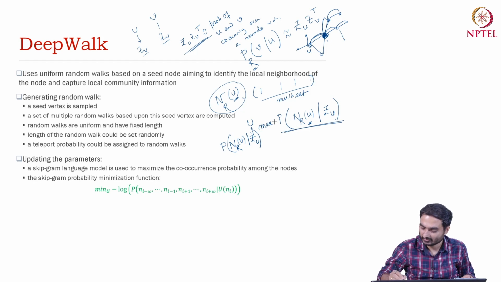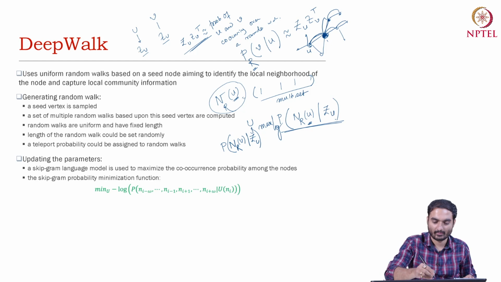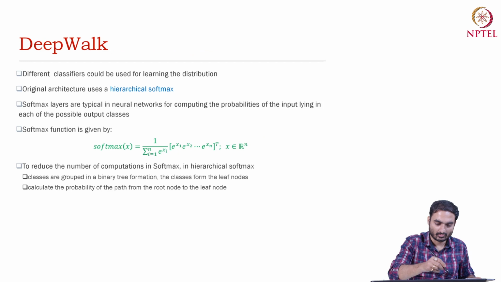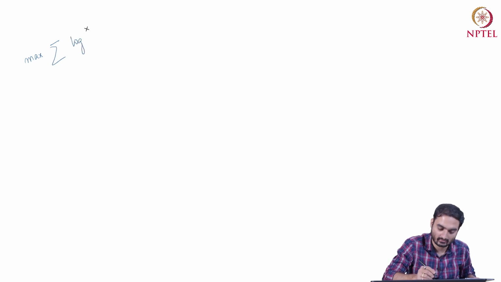Instead of maximizing this, we essentially maximize the log. Let me rewrite. We maximize the log likelihood, given the source node u, you have target context nodes, using some random walk.